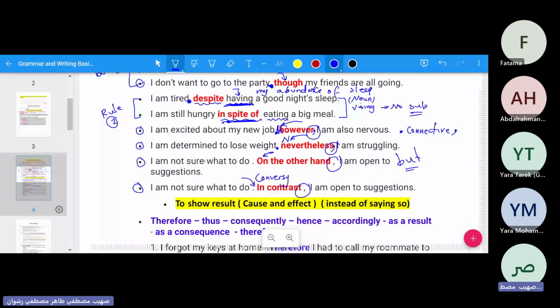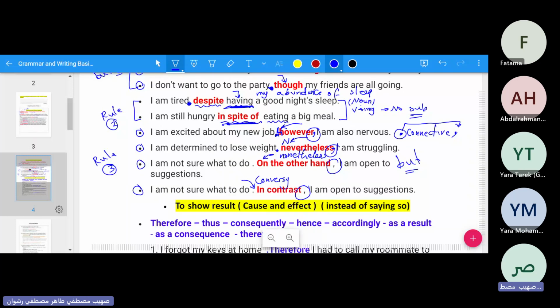Rule number 3, using however, nevertheless, nonetheless, the same meaning as well. Okay, on the other hand, conversely, and in contrast, the rule is full stop, connective, followed by a comma.